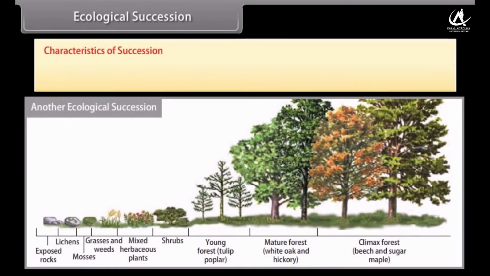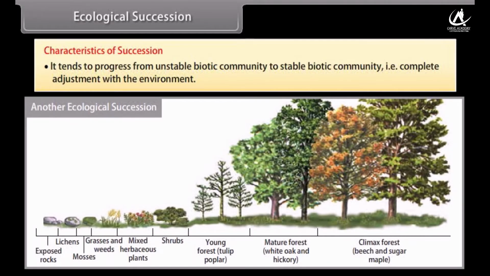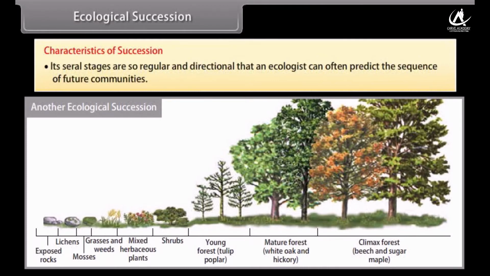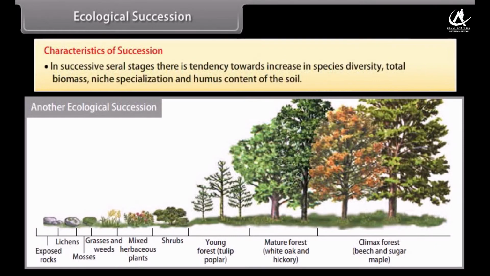Characteristics of succession. It tends to progress from unstable biotic community to stable biotic community, that is, complete adjustment with the environment. Its seral stages are so regular and directional that an ecologist can often predict the sequence of future communities. In successive seral stages, there is a tendency towards increase in species diversity, total biomass, niche specialization, and humus content of the soil.